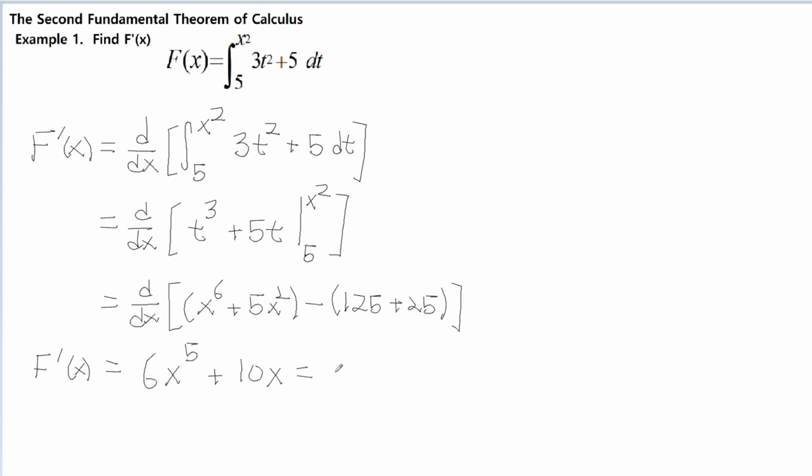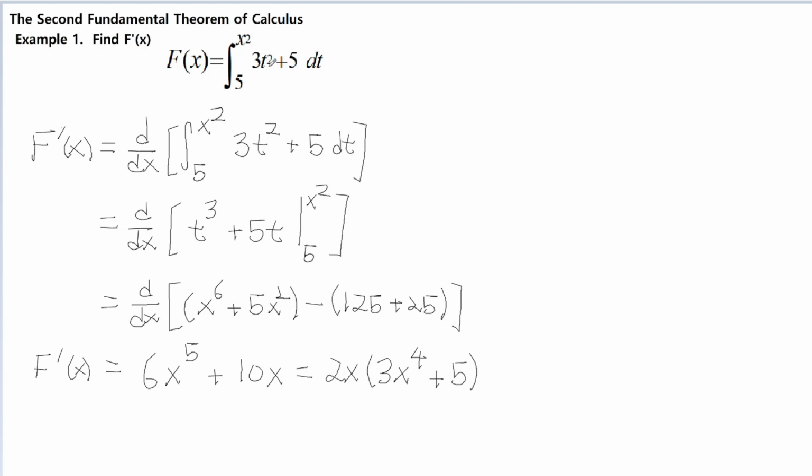If you simplify this a little bit more, you could factor out 2x, 3x to the fourth plus 5. So if you look at the answer, your f prime of x, which is 2x times 3x to the fourth plus 5, is very similar to our original function, 3t squared plus 5.